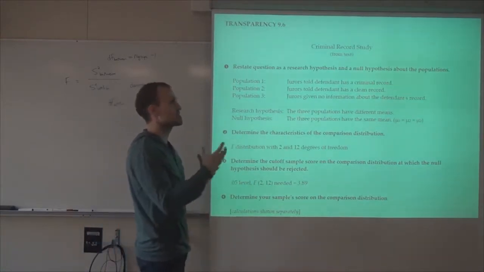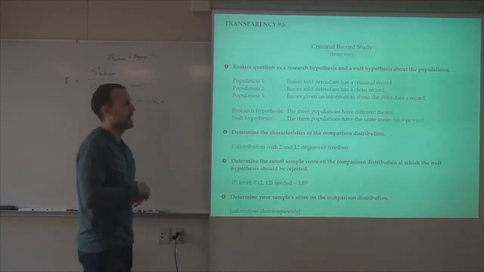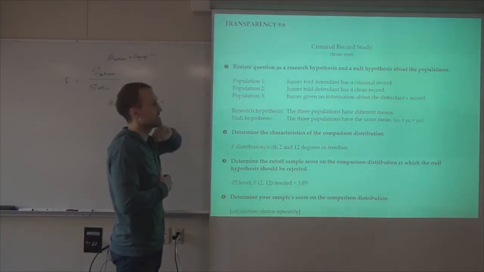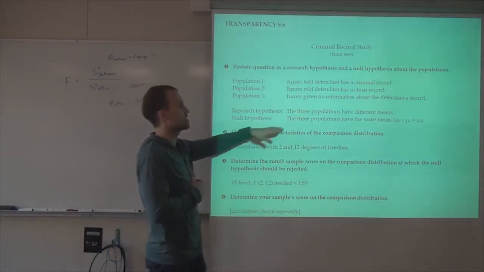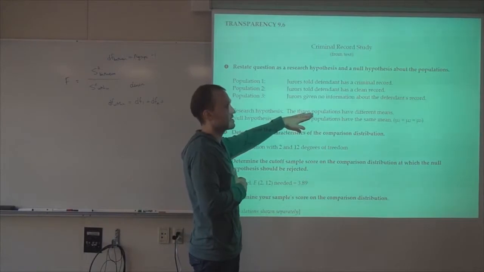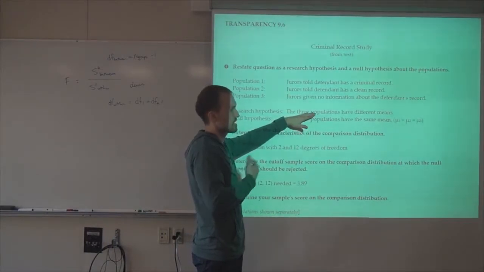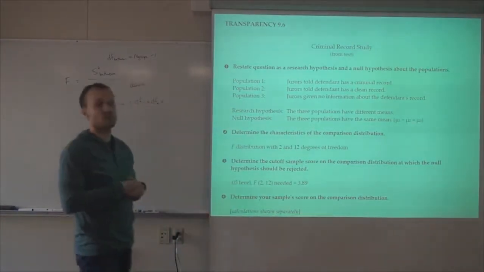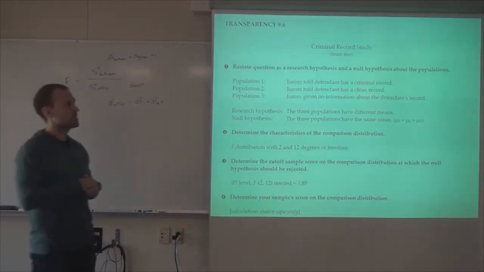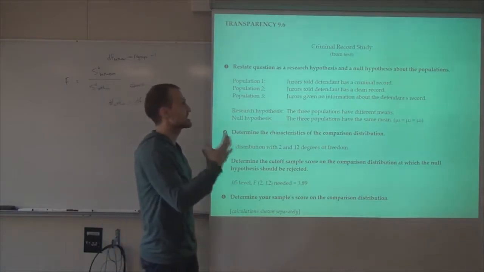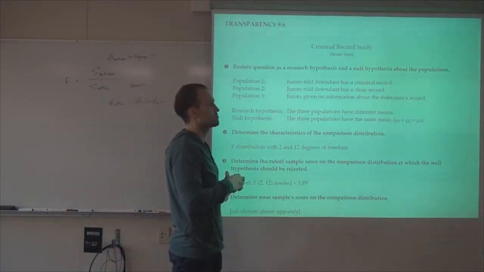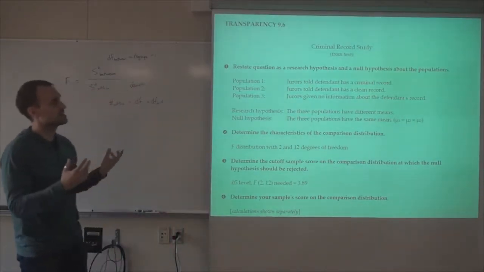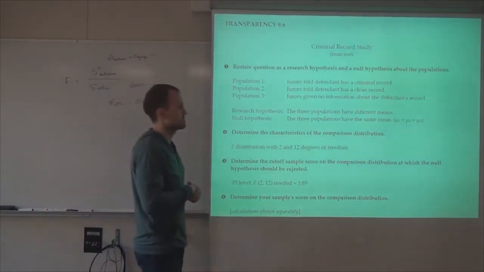So if I look at a guilt rating, I can measure how guilty the people perceive the defendant. And I'm looking at these three populations. Are they different, which I'm hoping to conclude, or are they all exactly the same? Is the mean guilty rating the same for all three groups, meaning that the information doesn't actually matter?